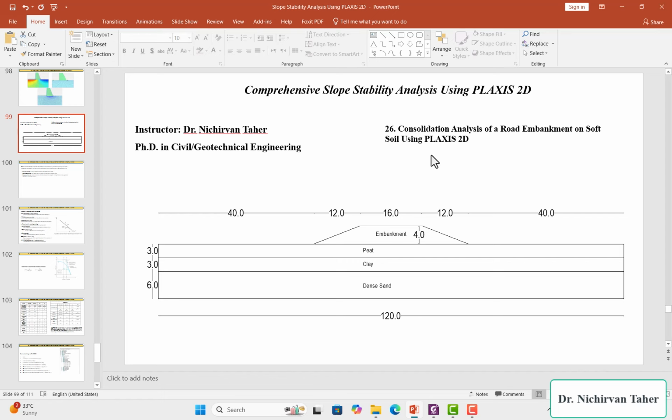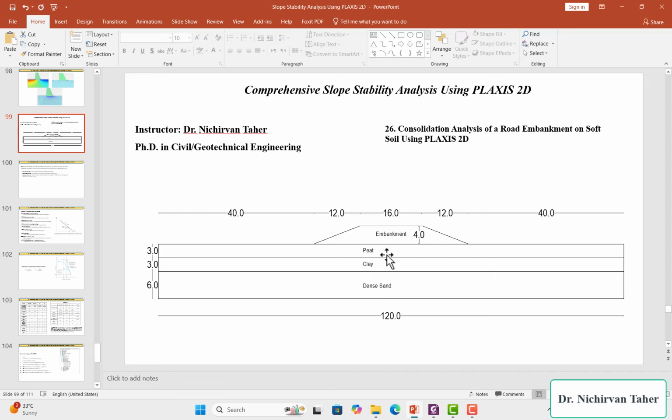So in this tutorial we will have a consolidation analysis for this embankment, which is 4 meters in height and 16 meters wide. The slope of the embankment at both sides is 3 horizontal to 1 vertical, and below the embankment, the natural ground soil, we have 2 layers of soft soil.